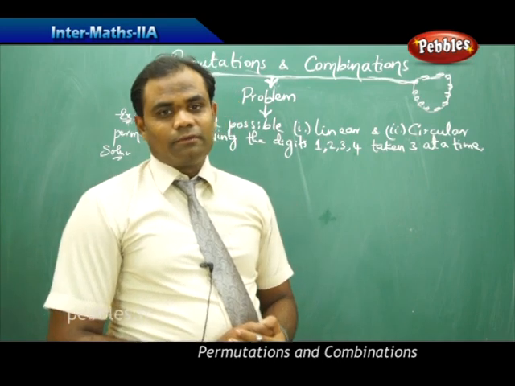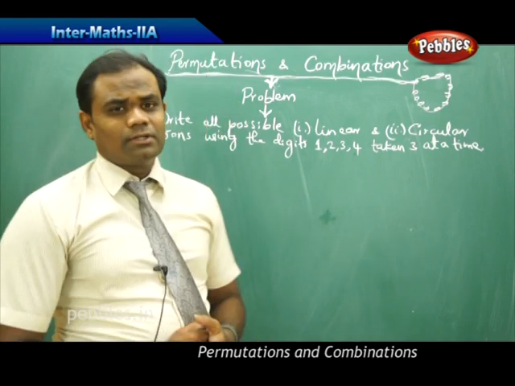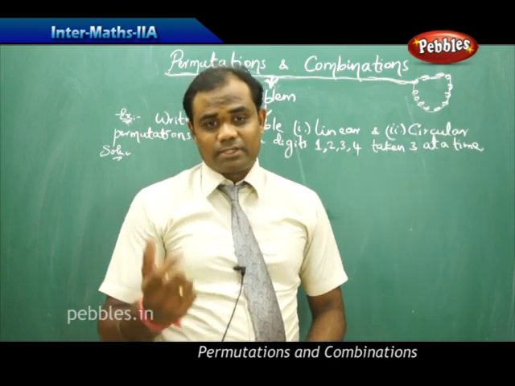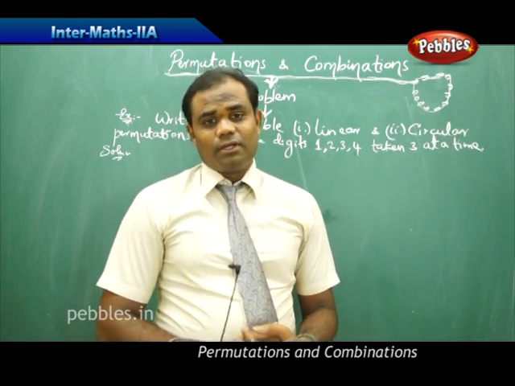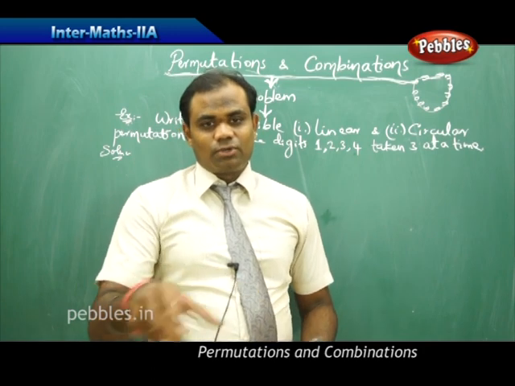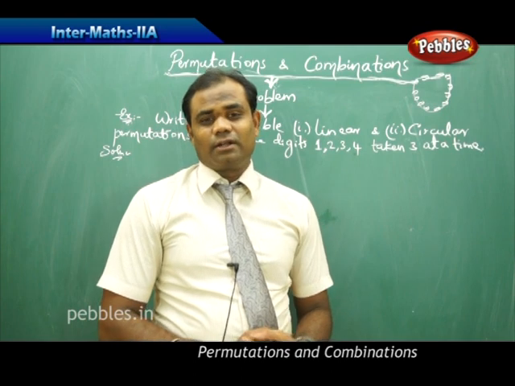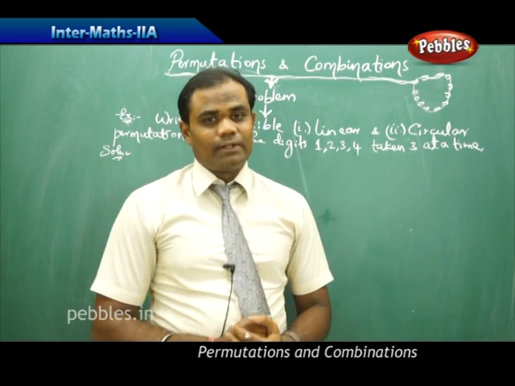So we try to imagine the situational problem of beads arranged in a necklace through a circular permutation, or if we take the number of racks put on a railway track for a linear permutation, is how we understand through various examples of real life.